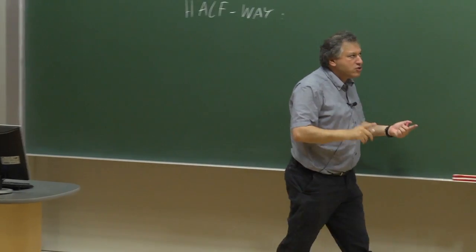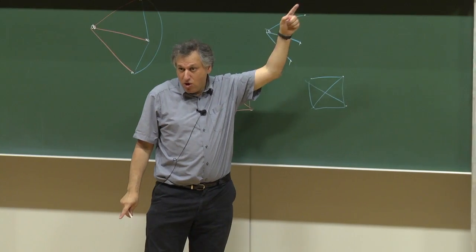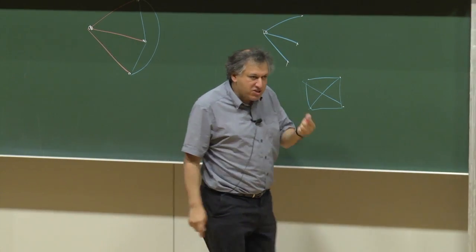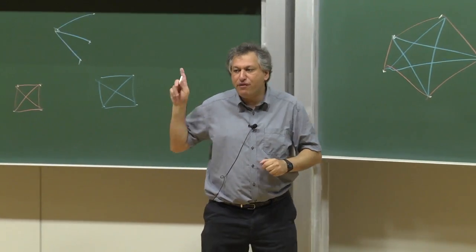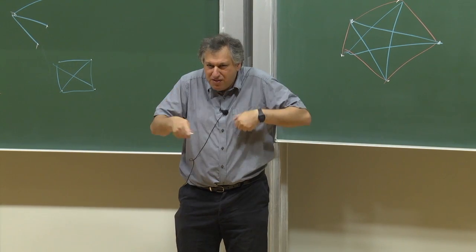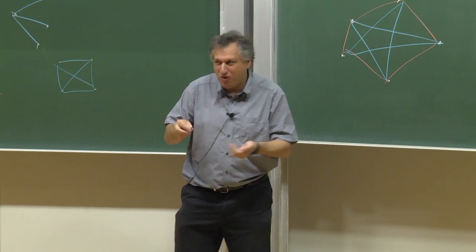So we know it's true you can find a red or blue triangle, a red 3 or a blue 3. We're going for red 4 or blue 4, and it turns out the key idea is to say, let's go for the halfway in between. Let's go for a red 3 or a blue 4. So we're breaking the symmetry of the colours, but 3, 4 is sort of halfway between 3, 3 and 4, 4.